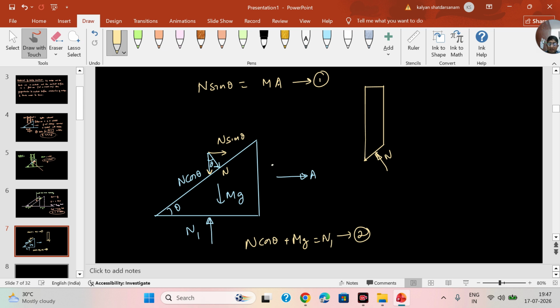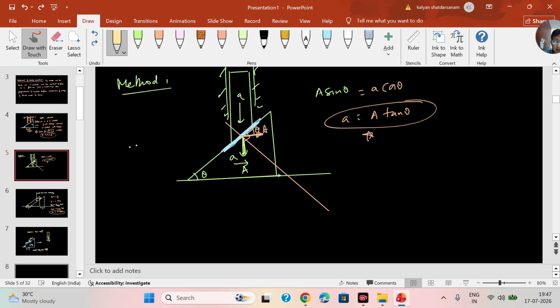What is this normal? The rod pushed the wedge with N. The reaction of that is the wedge pushed the rod with again N. Now, there is of course mg of the rod. Earth pulls every object. It's a non-contact force. Now, my question is, this N has a horizontal component, and it should make the rod move to the left. But rod is not moving to the left.